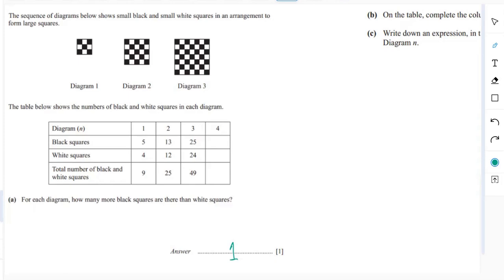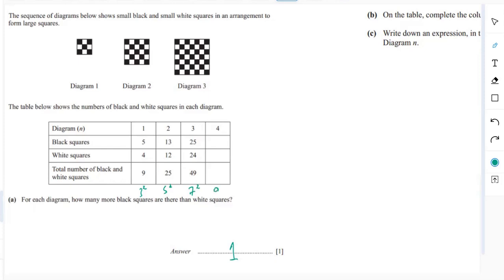Any idea, anyone? These are all square numbers, right? 9 भी एक square है, 25 भी एक square है, 49 भी एक square. So this is 3 का square, this is 5 का square, this is 7 का square.